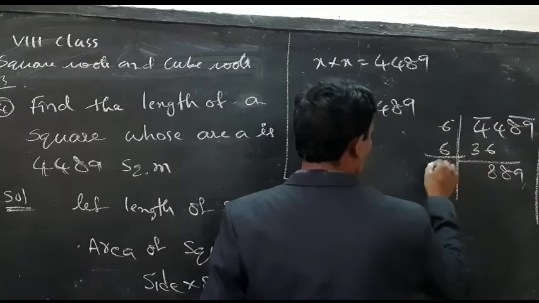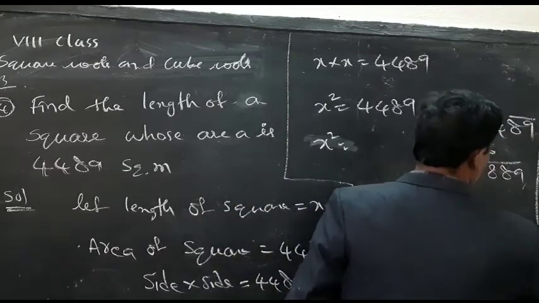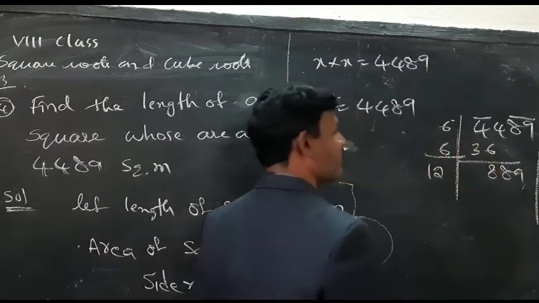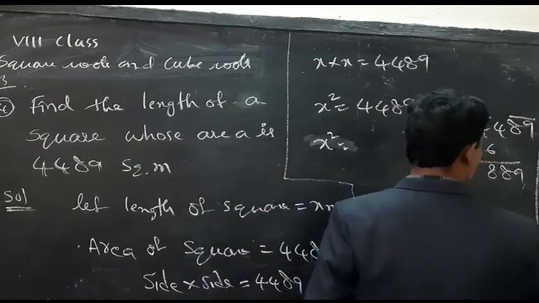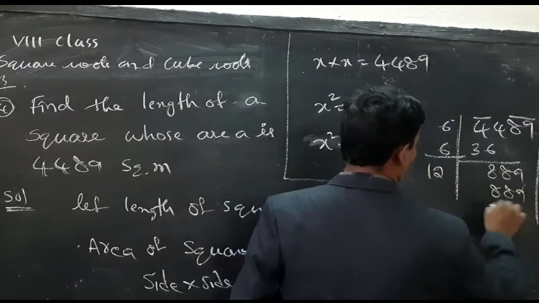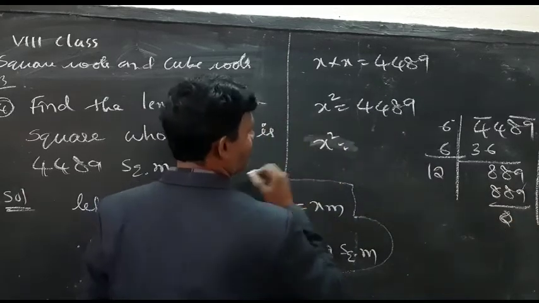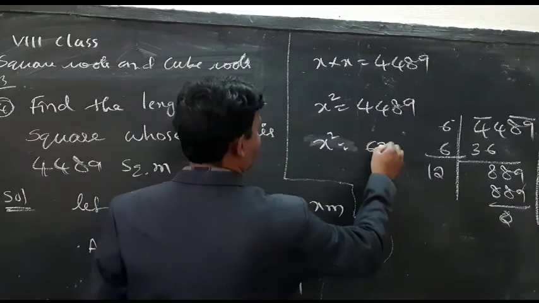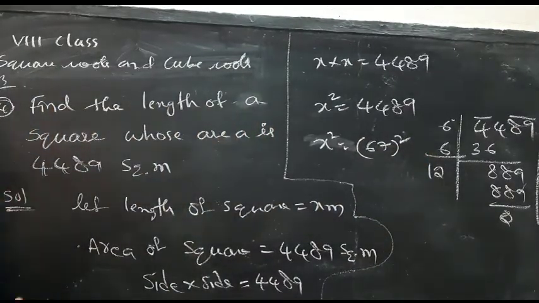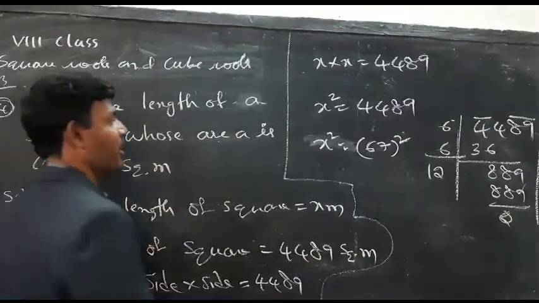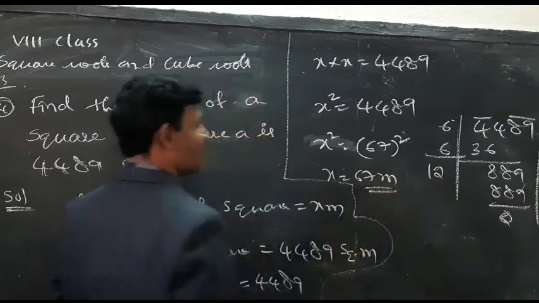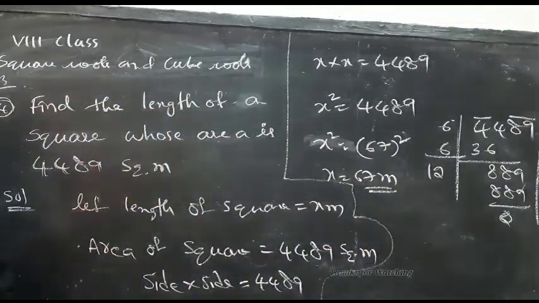So take 6 here, 12. 7 7s are 49. 7 2s are 14. 14 plus 4 is 18. 7 1s are 7. 7 plus 1 is 8. So it is 67. x square is equal to 67 whole square. 4489 we can write as 67 whole square. According to exponents, both squares cancel. So x is equal to 67 meters. What is the length of the required square? 67 meters.